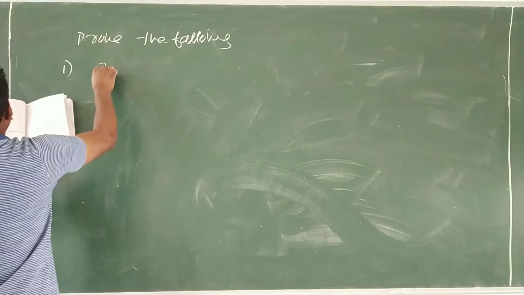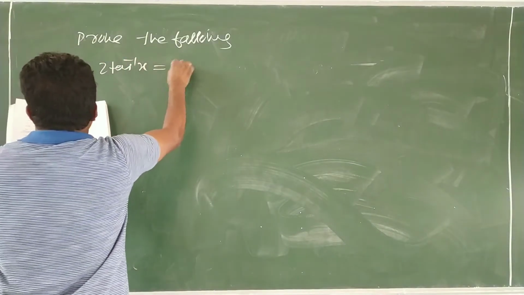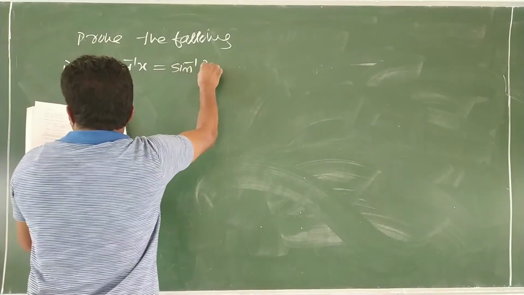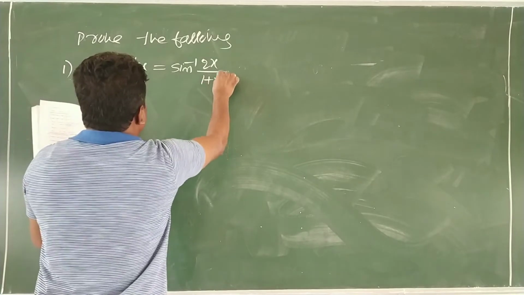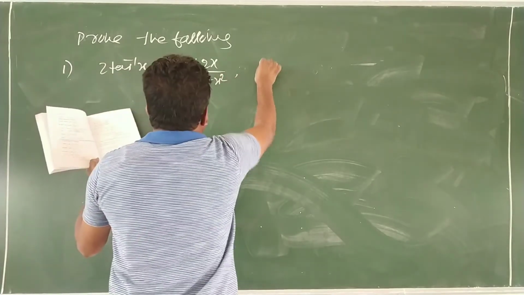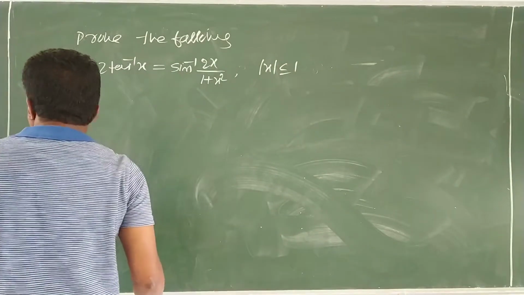First question: 2 tan inverse x is equal to sin inverse 2x by 1 plus x square, with the extra condition mod x is less than or equal to 1.